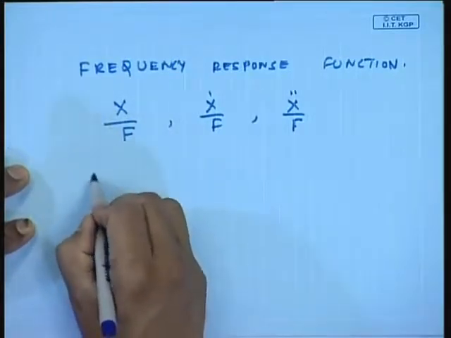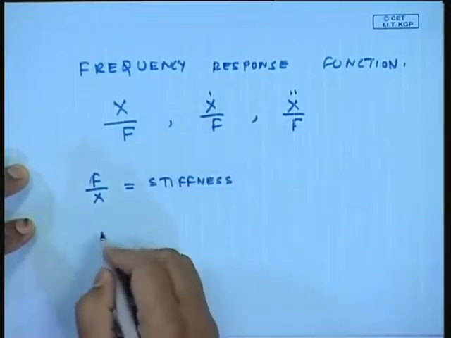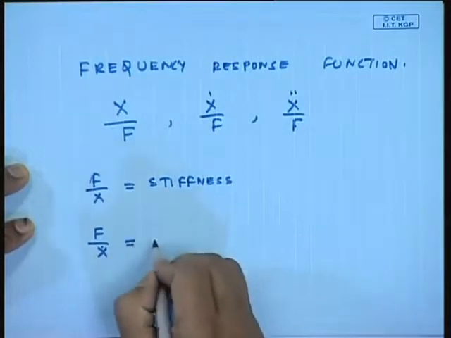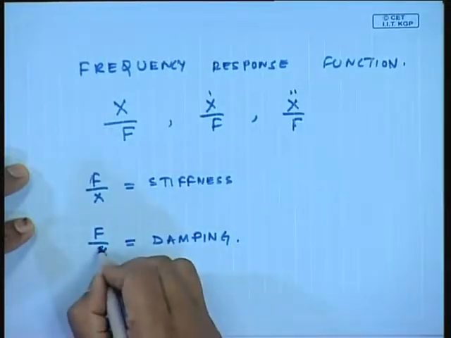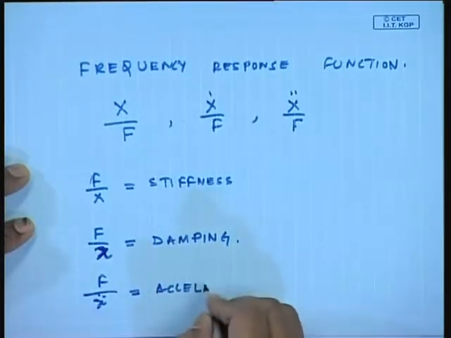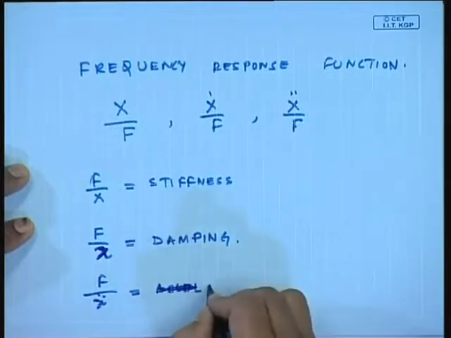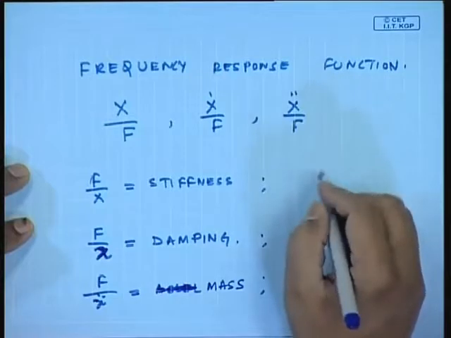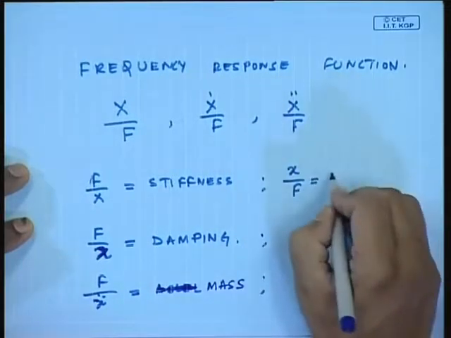For example, you all know F by x is nothing but stiffness, then F by x dot is the damping, and F by x double dot is nothing but the mass, and the inverse of this, x by F, is nothing but the compliance.